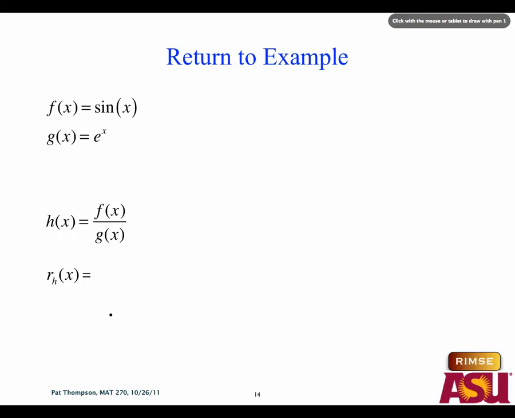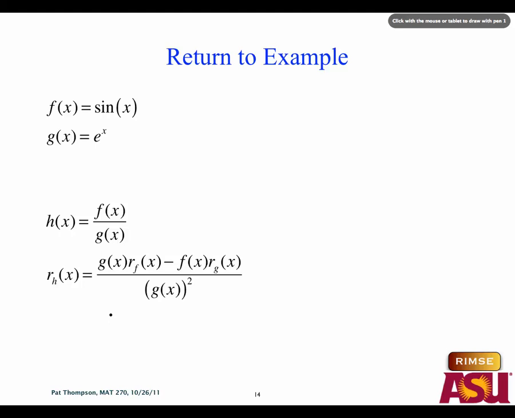If we had sine divided by e to the x, that's what we're saying here for h of x. f of x is sine, the numerator, or high, and g of x, the denominator, is e to the x, or low. We know it's low d high minus high d low over low squared.